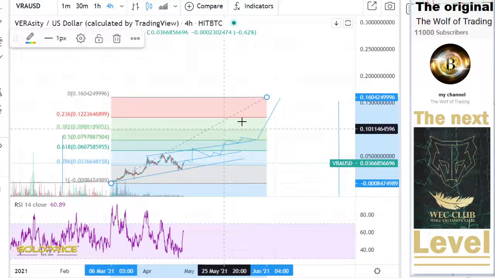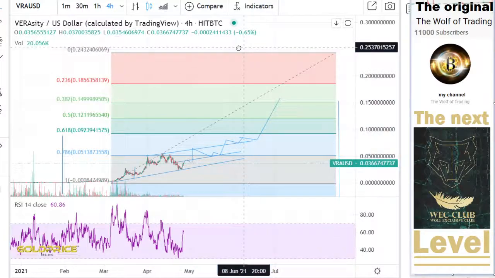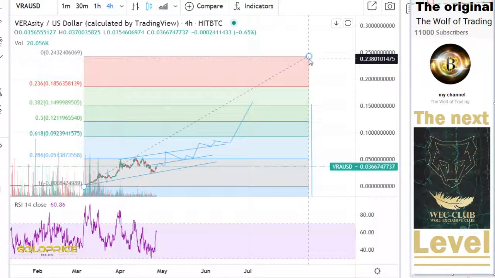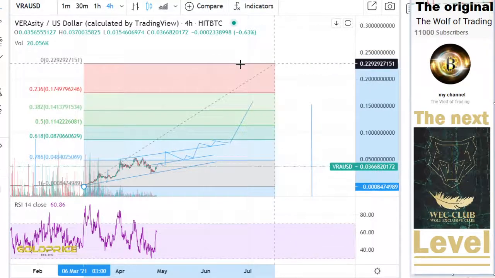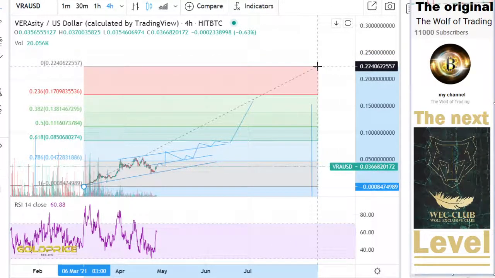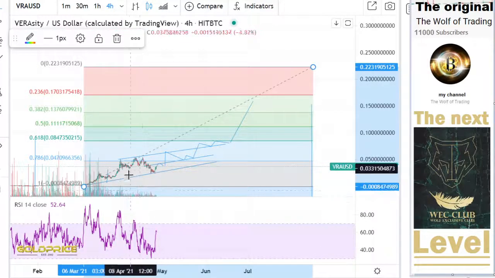Then we can say, okay, we expect that the price will go up in August. We have here the timeline August, 4 months here.